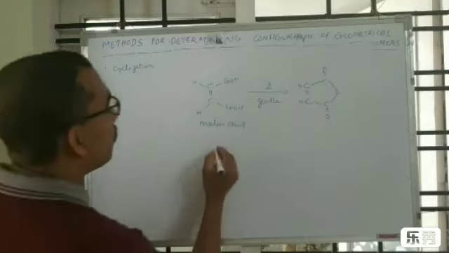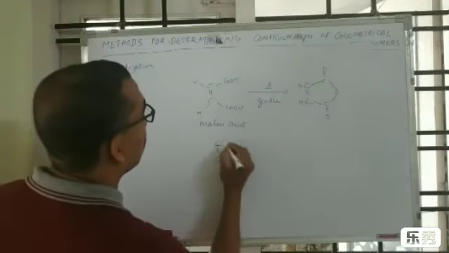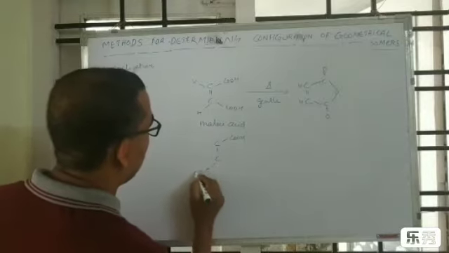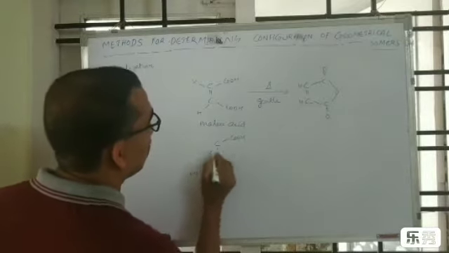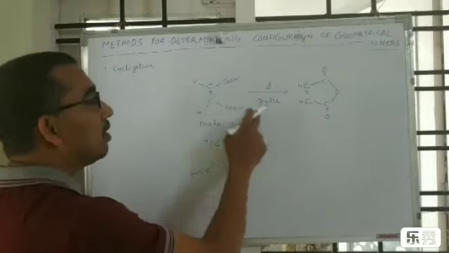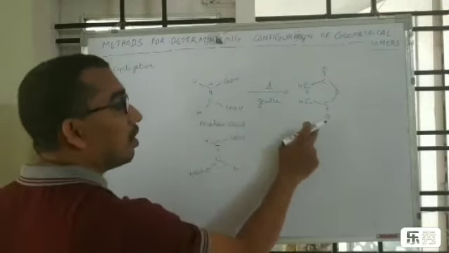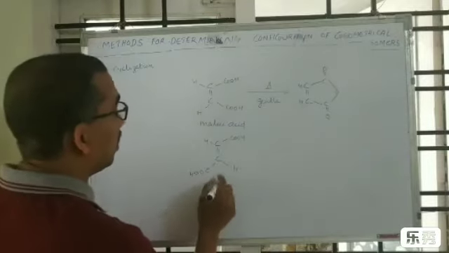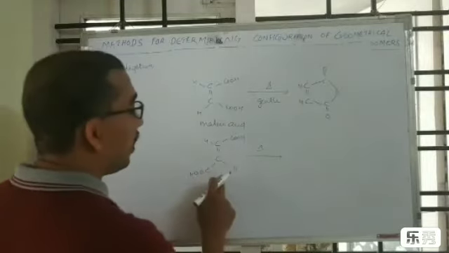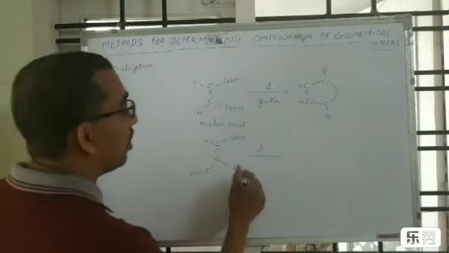But in the case of fumaric acid, trans isomer. Malic acid is a cis isomer. On gentle conditions, malic acid can be converted into malic anhydride. But in the case of fumaric acid, it's a trans isomer.